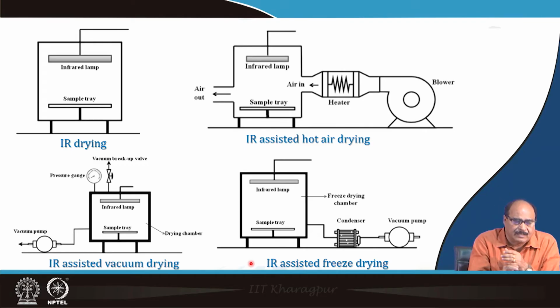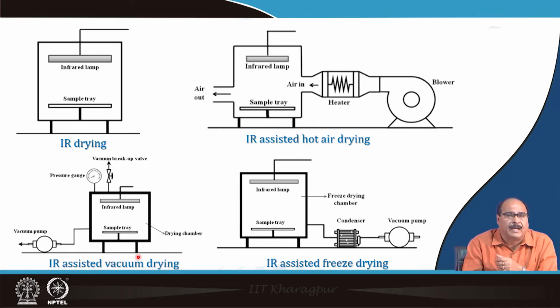These are the different arrangements. Again, a schematic: simple infrared drying has the sample tray, and the chamber is provided with an infrared lamp. So, it is infrared heating. Then infrared assisted hot air drying is the same infrared lamp chamber with an additional supply of hot air in and cool air out, which again gives a better result.